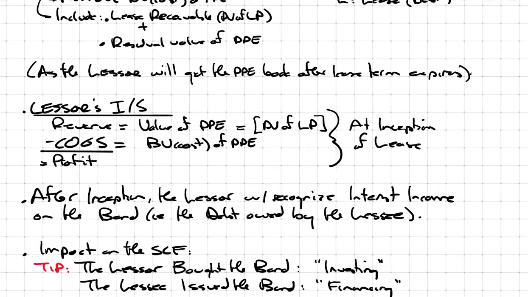Now, what would the impact be on the lessor's income statement? Revenue would be the value of the PPE, which is the present value of the lease payments, and the cost would be the book value of the PPE itself.